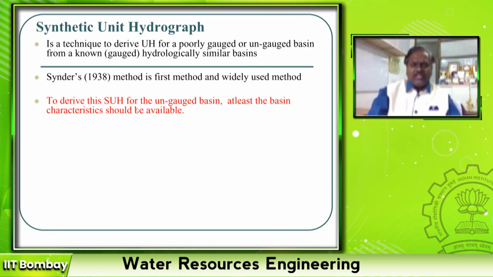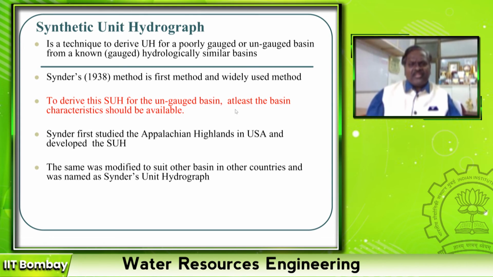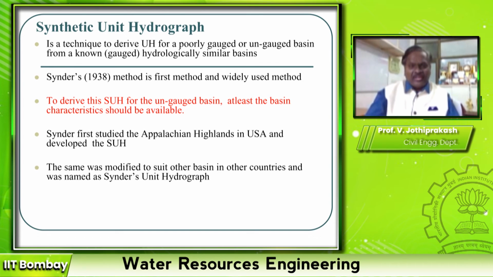To derive this synthetic unit hydrograph for ungauged basin, what we need is the basin characteristics. Right? Then I have now two basins. One is a gauged basin, another one is ungauged basin. So Snyder first studied this in Appalachian highlands in US and developed this synthetic unit hydrograph, also called Snyder's unit hydrograph.